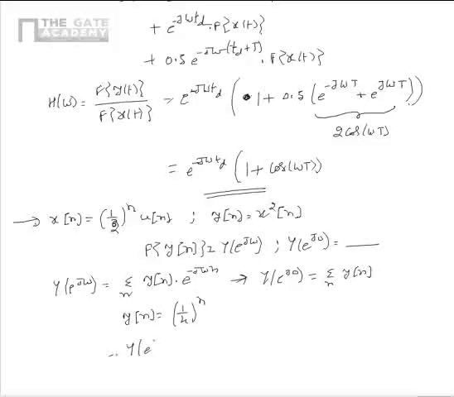Therefore, Y of e power j0 is equal to sigma n 1 by 4 whole power n is equal to 1 by (1 minus 1 by 4). This is based on the infinite series summation formula. Please note that here the summation is from 0 to infinity as y of n is a causal sequence. So upon simplification this becomes 4 by 3. From this we can say that the value of Y of e power j0 is 4 by 3.